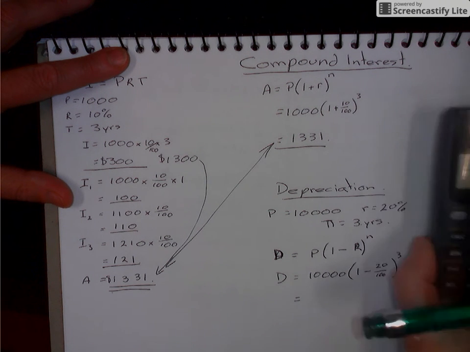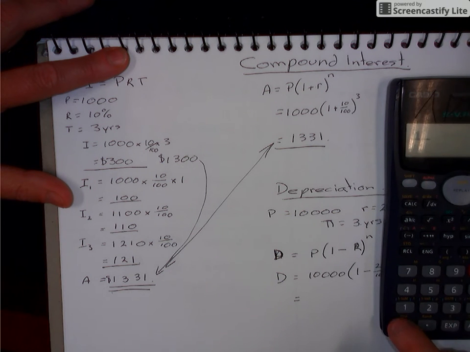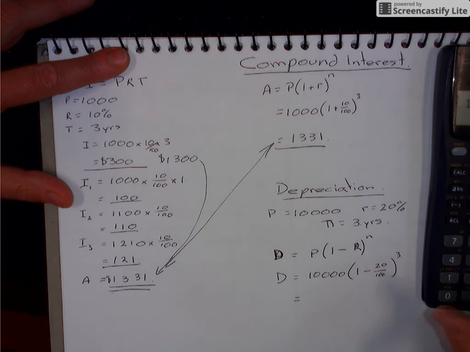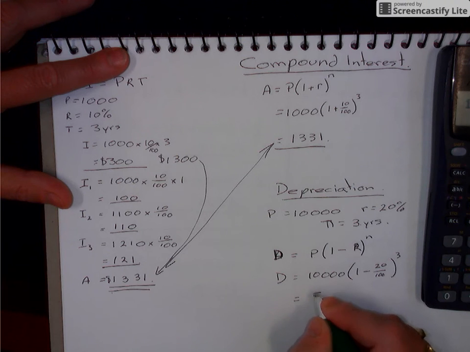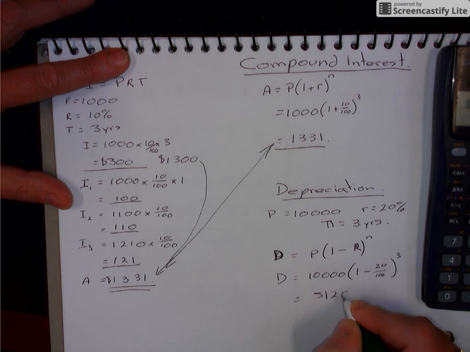So on our calculator, $10,000, open bracket, 1 minus 20%, so that's 0.2, close our brackets, to the power of 3 years equals 5120.